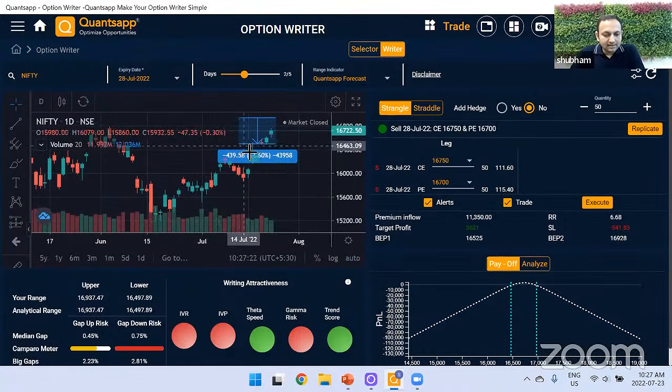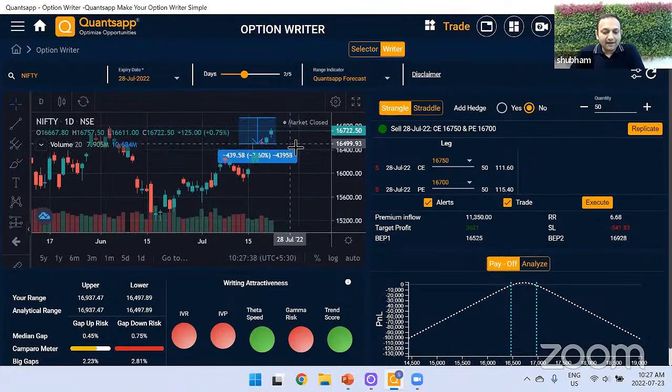You can see that there is a range which is automatically there on the chart, which is the Quantsapp forecast. The algorithm is telling you that if I have to sell, I'm not saying selling puts right now, that's very tricky, which I'll come to in some time.